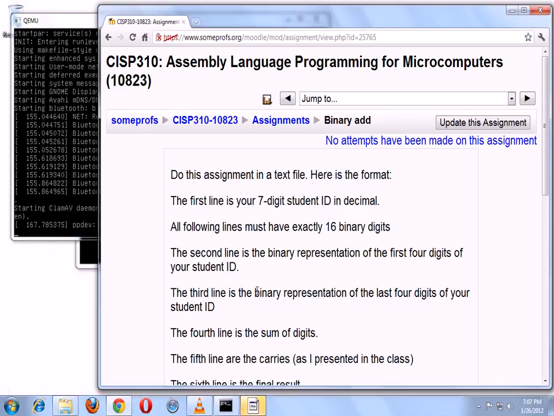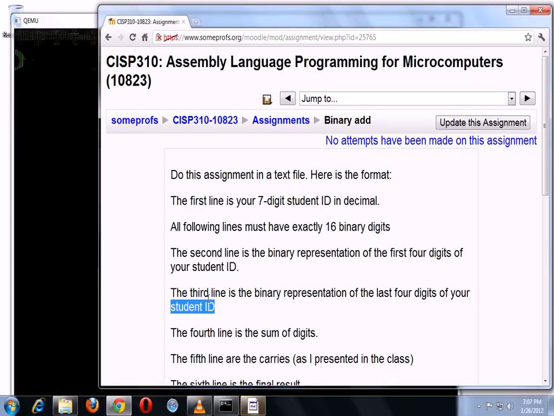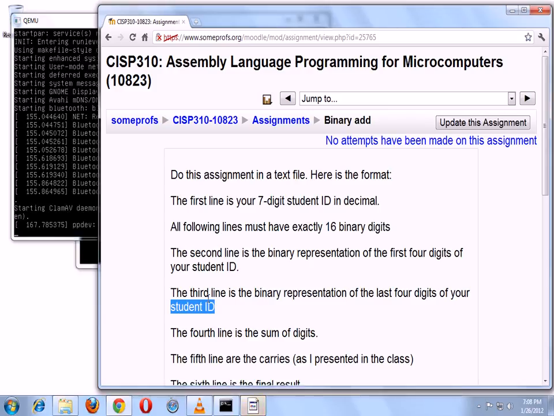The third line, the line following that, is the binary representation of the last 4 digits of your student ID. So yes, one of the digits is double counted. It is the least significant digit of the second line, and it is the most significant digit of the third line. Is that okay so far? Okay.